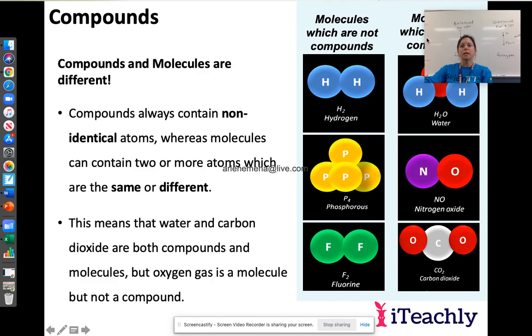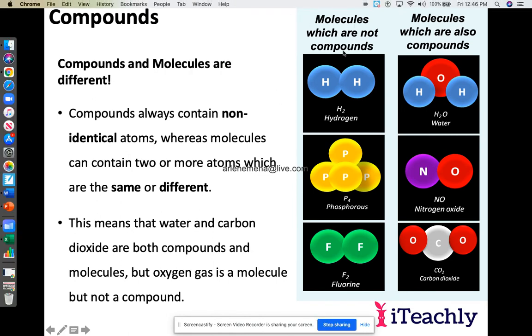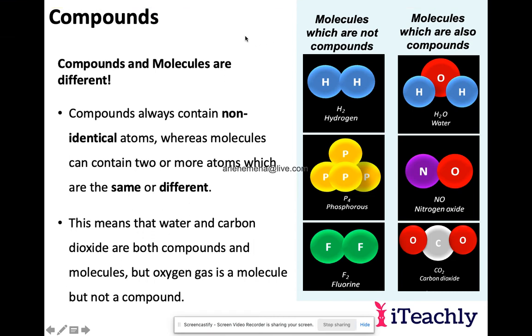So let's look at here. What's the difference between, let me get my face here out of the way. So what's the difference between a molecule and a compound? Now, these two words technically are not interchangeable, although it seems like they are, but they're not. So compounds and molecules are different. So what is the difference between a compound and a molecule?